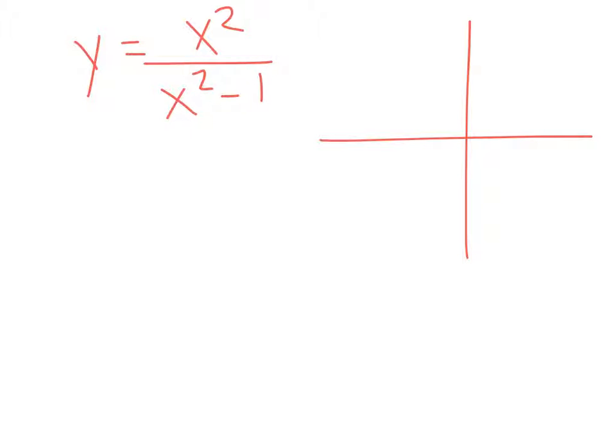So I know that x cannot equal 1, but it also cannot equal -1, because -1 times -1 would give you 1, and you need a 1 minus 1. So it has to be both of those when there's a square. So that's kind of weird there. So that means I'm going to make a dotted line at x equals 1 and at negative 1, perfectly straight.